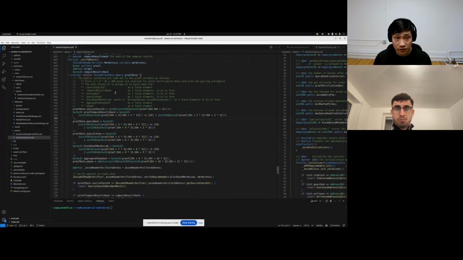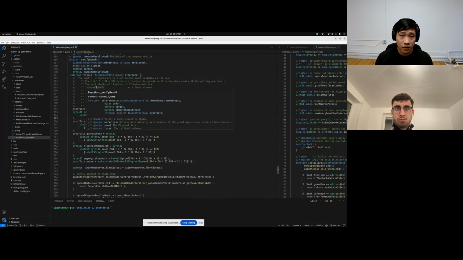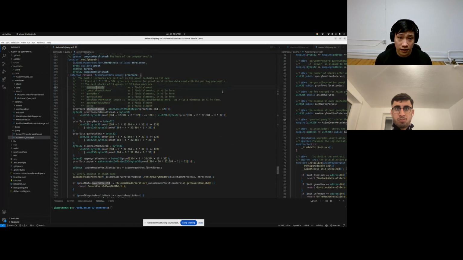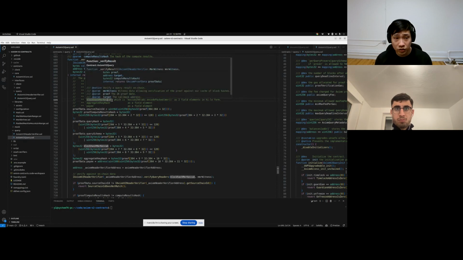So our proof is a statement that for data from this source chain ID, we got a hash of the compute results. And those results are for a query with this given query hash, this given query schema, and they're proven relative to this hash, which we call the block hash MMR Keccak.